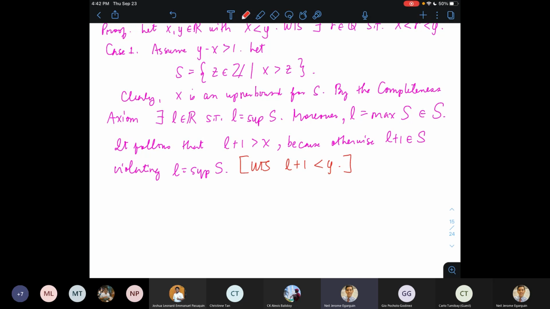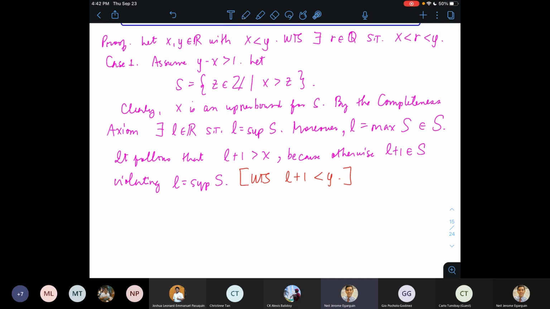Tama? So, paano ko mapapakita na si L plus 1 ay mas maliit kay Y? Okay, remember, ano yung alam natin relation between X and Y? We assumed for case number 1 that the difference between Y and X is greater than 1.